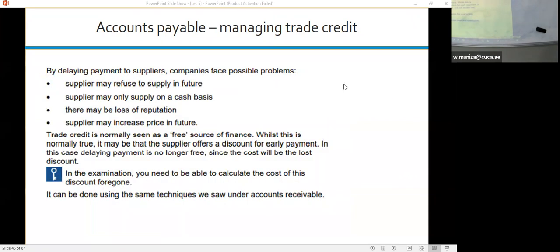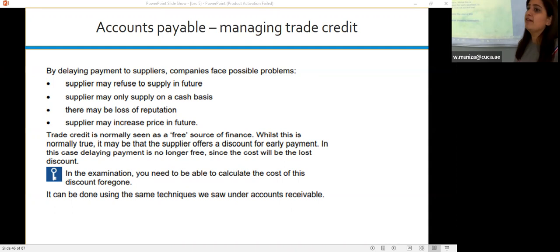For managing trade credit, by delaying payment to suppliers, companies face possible problems. Supplier may refuse to supply in future. Supplier may only supply on a cash basis. There may be loss of reputation. Suppliers may increase price in future.